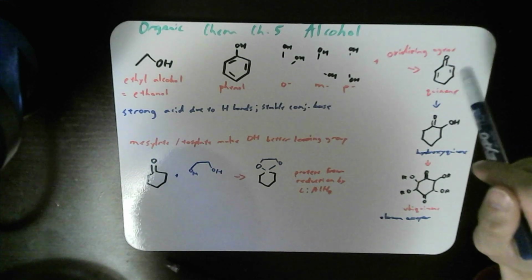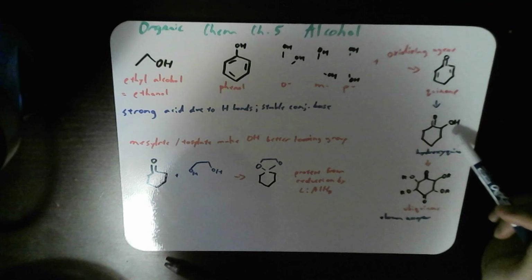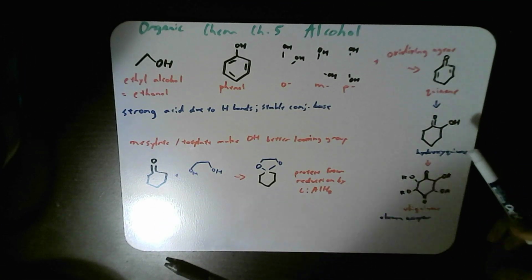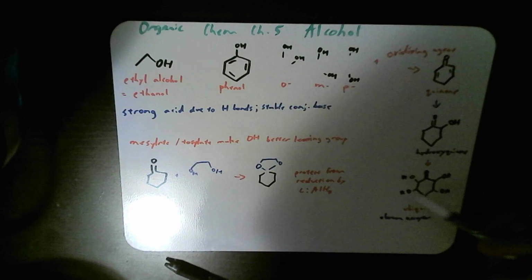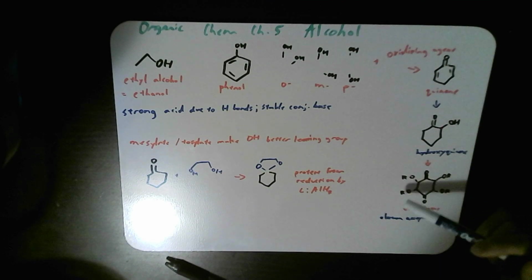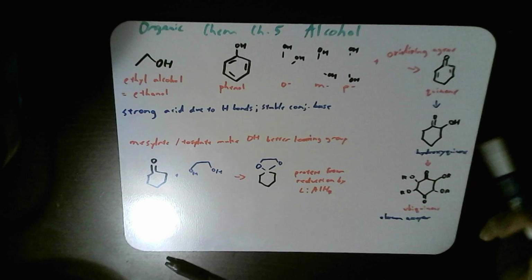You can also oxidize it more into a hydroxyquinone, which adds an additional hydroxy group to it. And furthermore, the final boss form is ubiquinone, where you can add a lot more oxidation state oxygens to it.